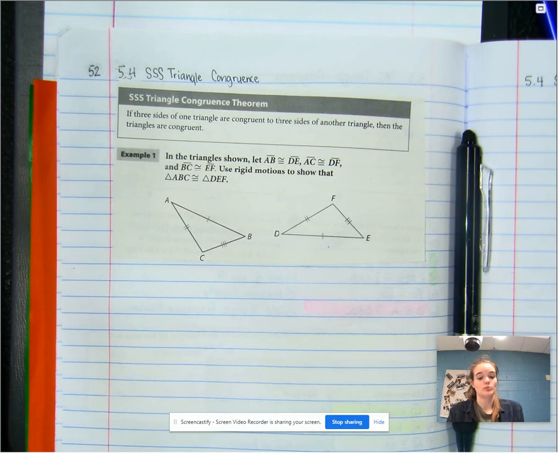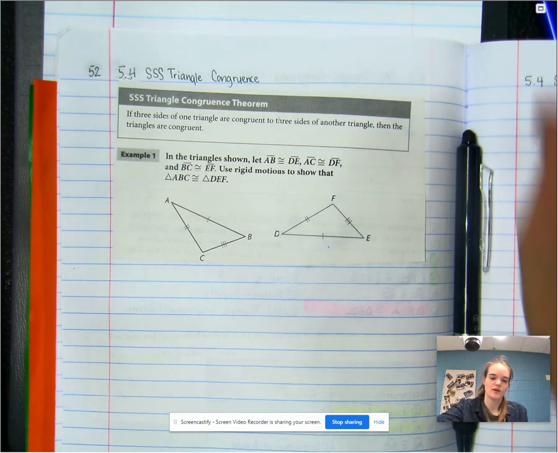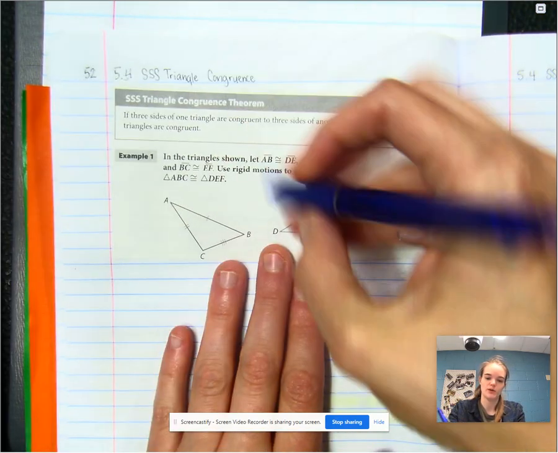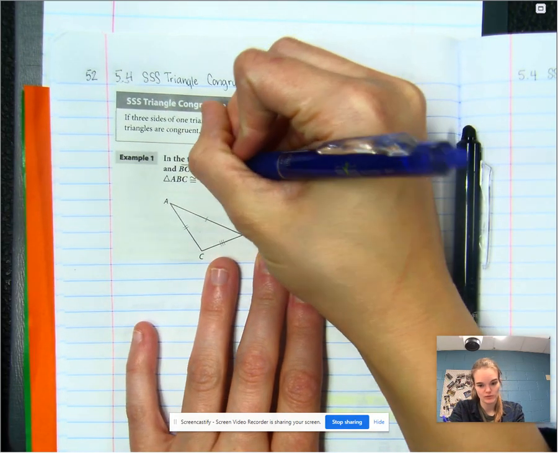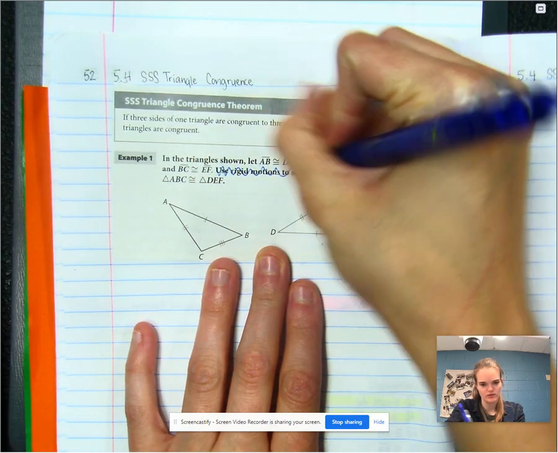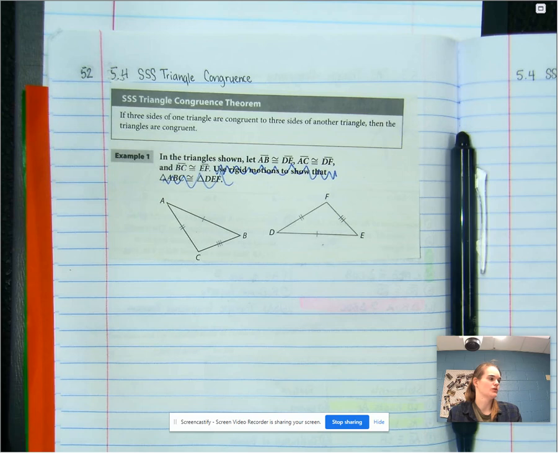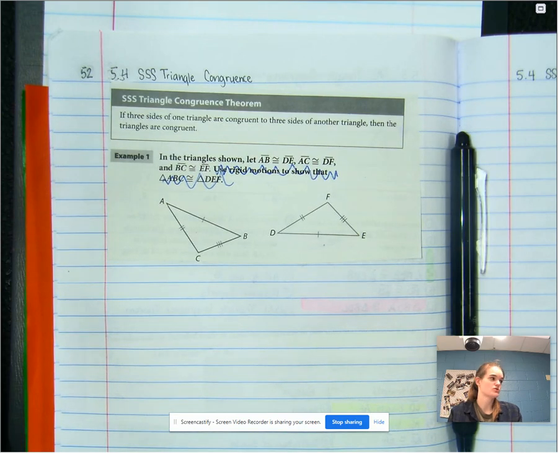So let's talk about example 1. In the triangle shown, AB is congruent to DE, AC is congruent to DF, and BC is congruent to EF. We're going to cross out this part that says use rigid motions. We could rotate it and they would be congruent, but that's not what we want to do. We want to decide if these are congruent, and we don't have angle measures or anything like that.